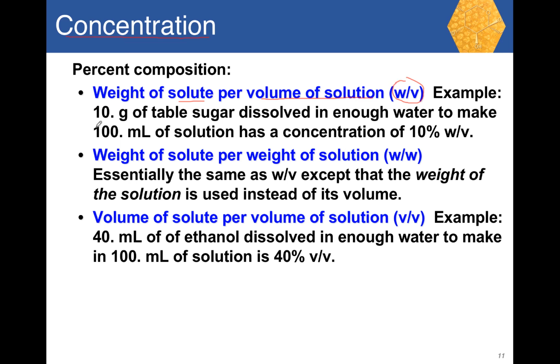So for example, 10 grams of table sugar dissolved in enough water to make 100 mL is described as a 10% weight/volume. Notice the key here is weight/volume, because we use 10 grams in a specific volume of solution. We'll use that more than the other two here.